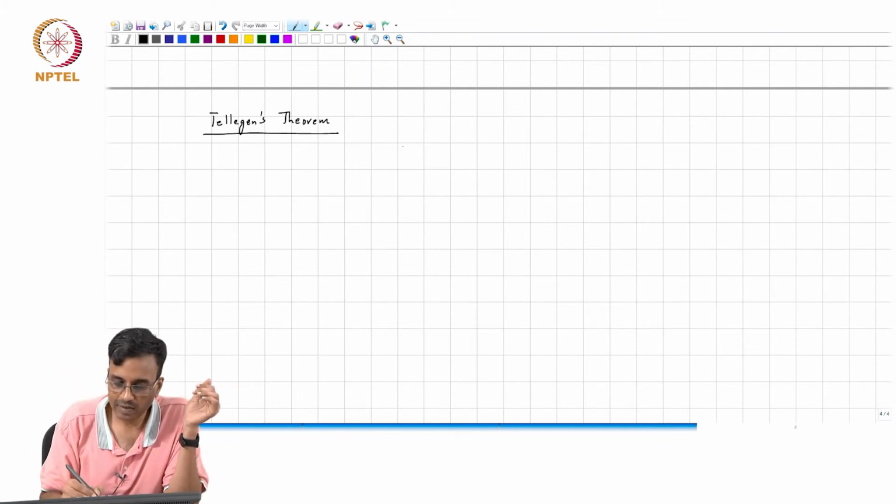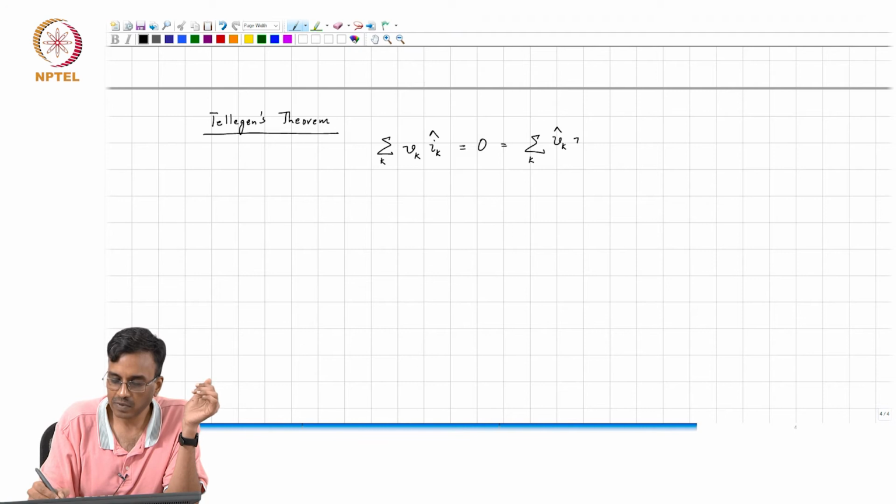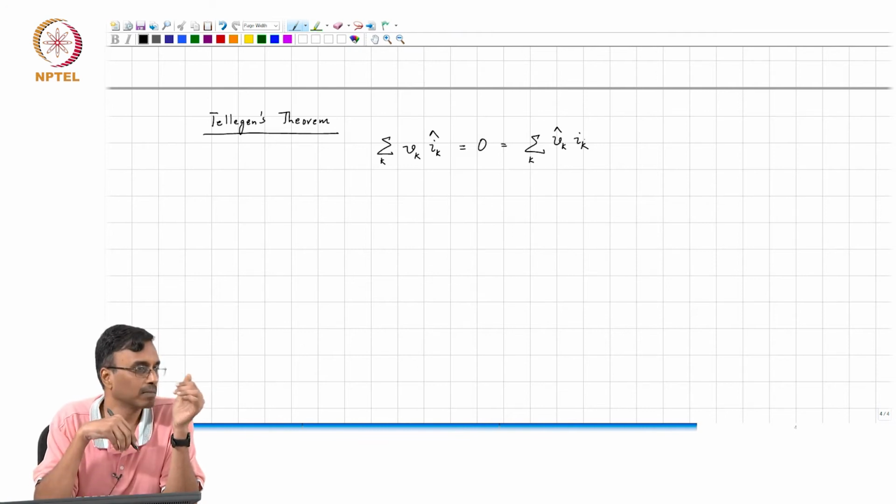All that this is saying is that the sum over all branches of Vk times Ik hat is equal to 0, which is the same as the sum over all branches of Vk hat times Ik.